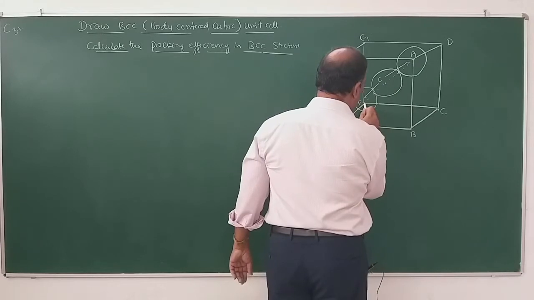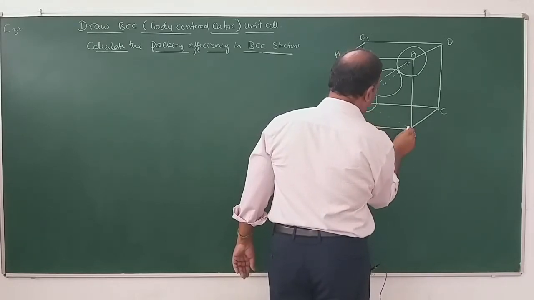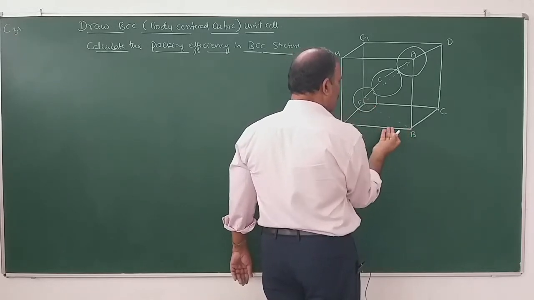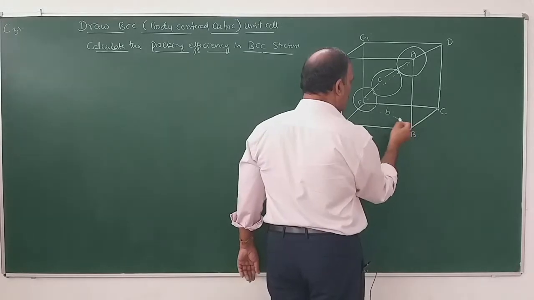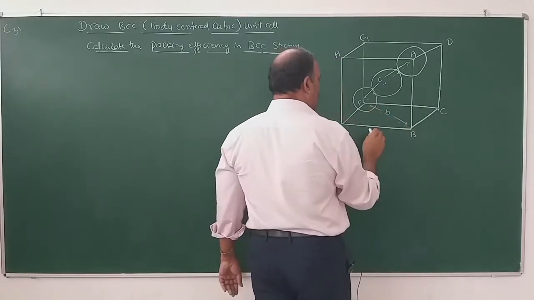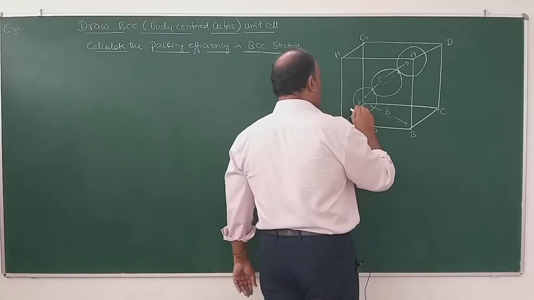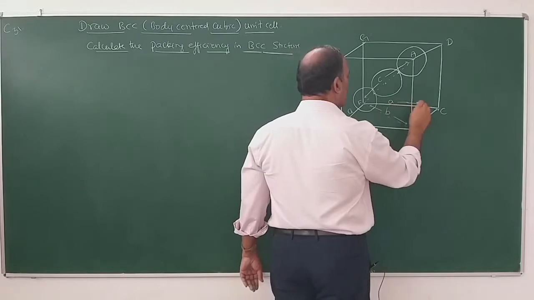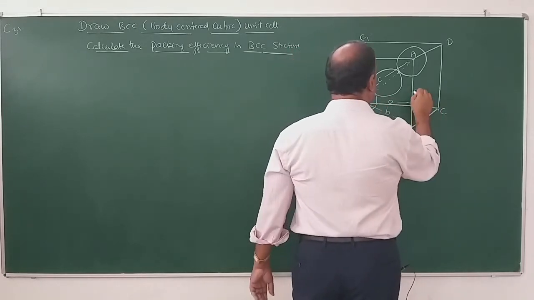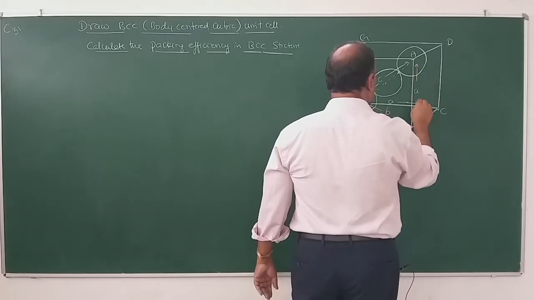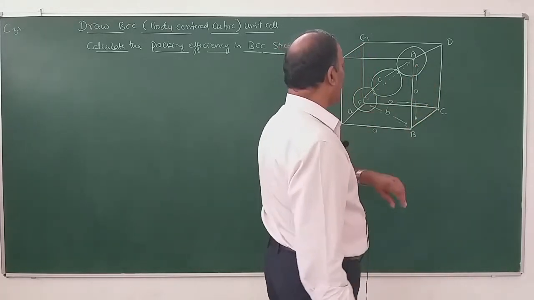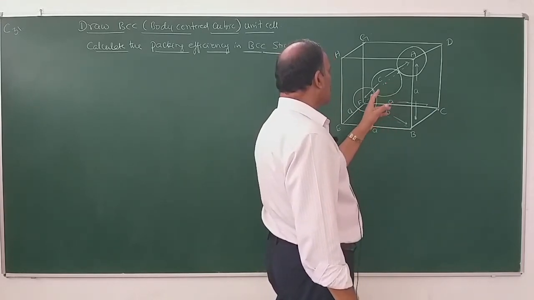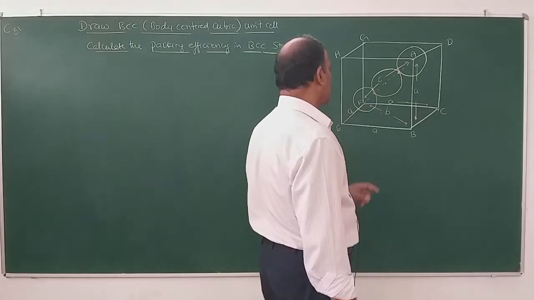And FB is the face diagonal of this face, so we will call it b. All these are edge lengths, edge length a. So, a is the edge length, b is the face diagonal distance, and c is the body diagonal distance.